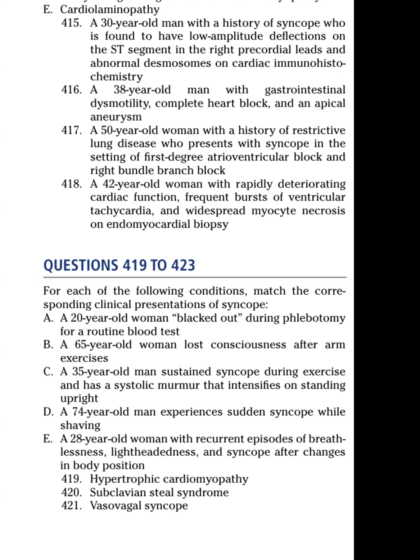We know that the vertebral arteries join together to form the basilar, forming the posterior circulation, and they're part of the circle of Willis. So because of this location of the stenosis in the subclavian artery, it can lead to some form of cerebral ischemia in these patients, which is a cause of syncope.